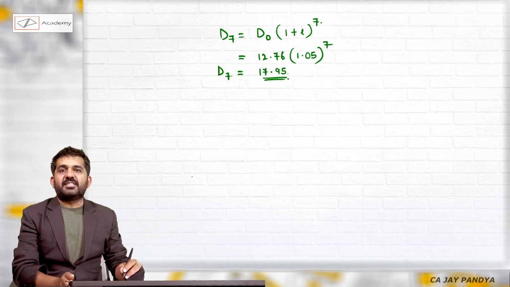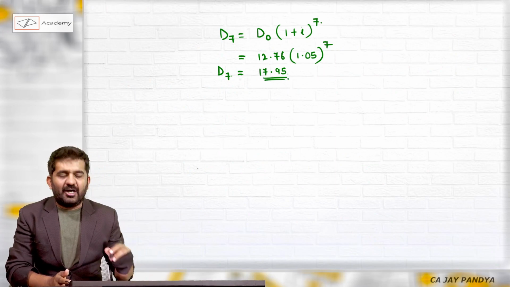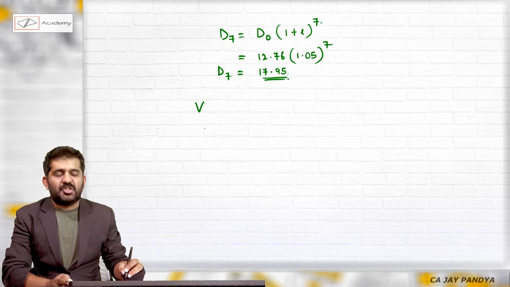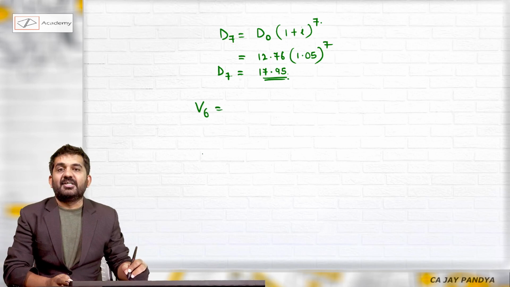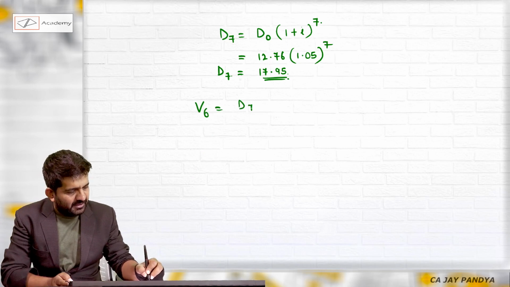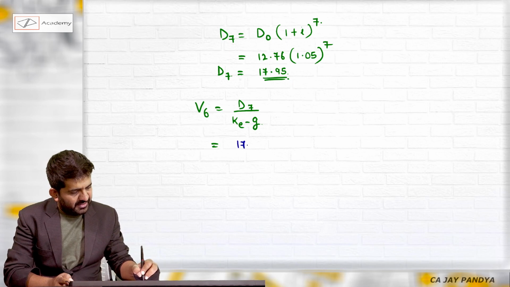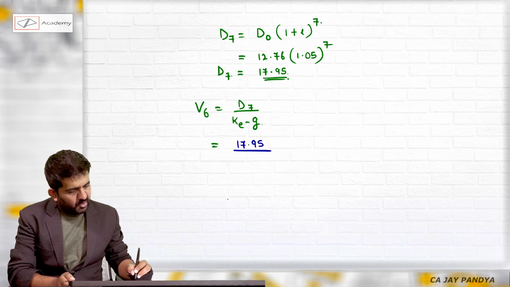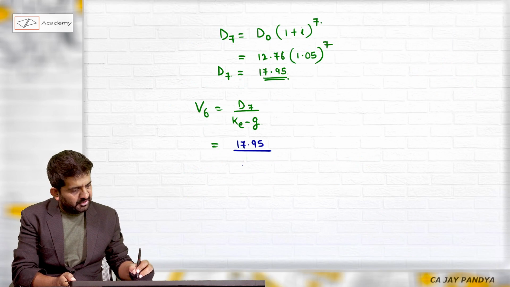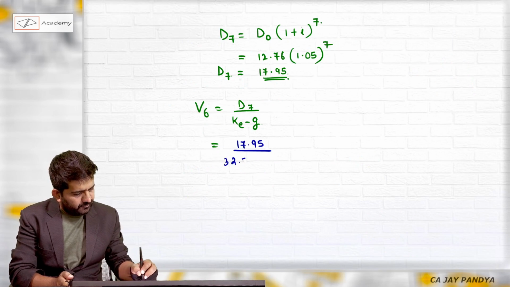I have got D7. I can find out value of the share after 6 years. I am having all the variables: D7 upon KE minus G, which is nothing but 17.95 upon KE minus G. What is KE? 32.5% minus 5%.